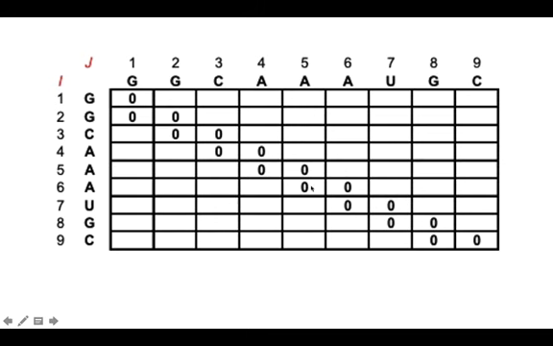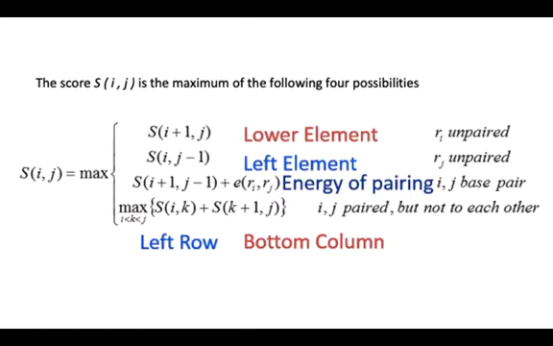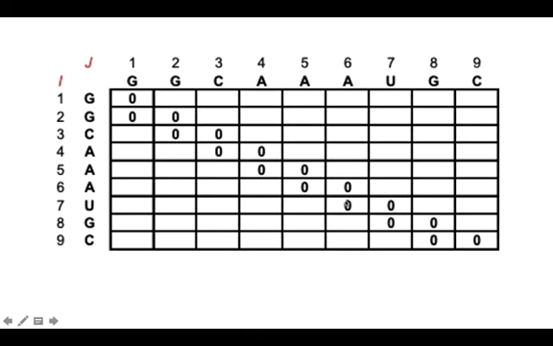Either three of them have the maximum value. If not, then we will go for the diagonal, which is the left row and bottom column. So this is the bottom column and this is the left row. Whatever we sum of these values, and whatever the maximum, we put it here. But in this case it is 0, so here it will be 0.